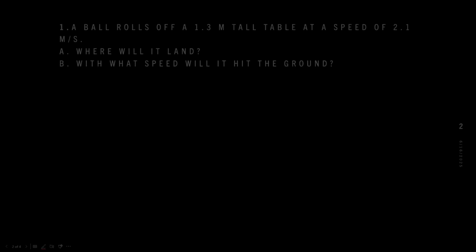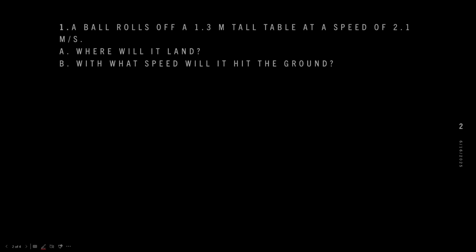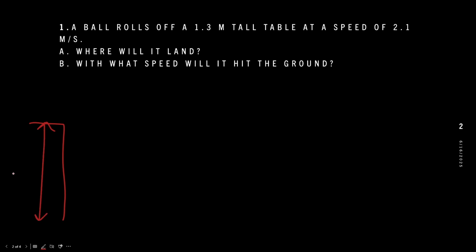So a ball rolls off a 1.3 meter tall table at a speed of 2.1 meters per second. Part A, where will it land? So we could draw something like this for our table and show that it's 1.3 meters tall. Then we could draw a ball and then show an arrow because it's moving that way, and then label that it's 2.1 meters per second.